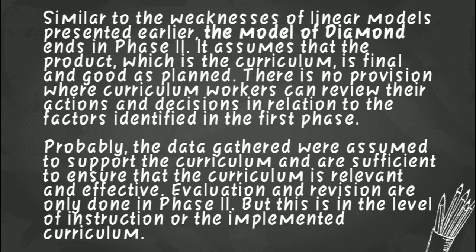Okay, probably the data gathered were assumed to support the curriculum and are sufficient to ensure the curriculum is relevant and effective. Evaluation and revision are only done in phase 2, but this is at the level of instruction or the implemented curriculum.